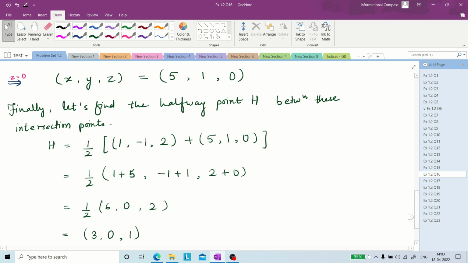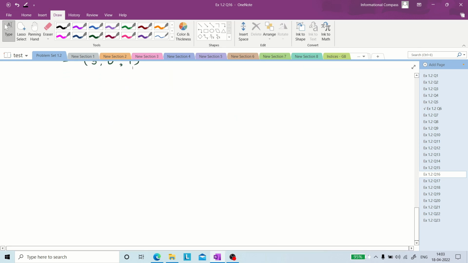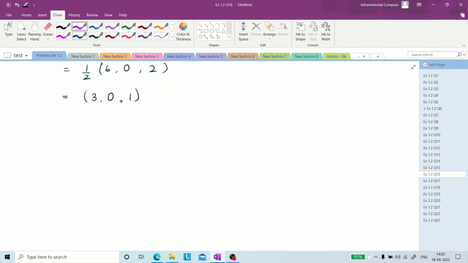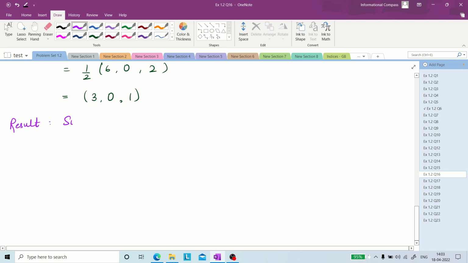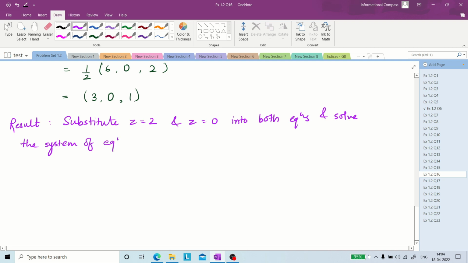Great. So here we come to an end. Let us write down the result quickly, summing up all our findings. So substitute z is equal to 2 and z is equal to 0 into both equations and solve the system of equations in two variables.